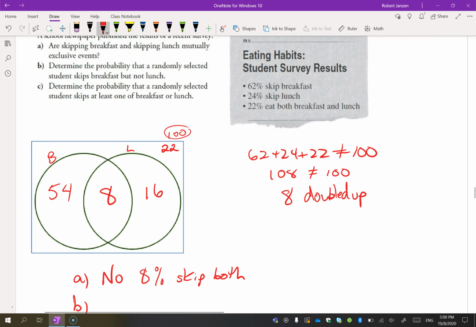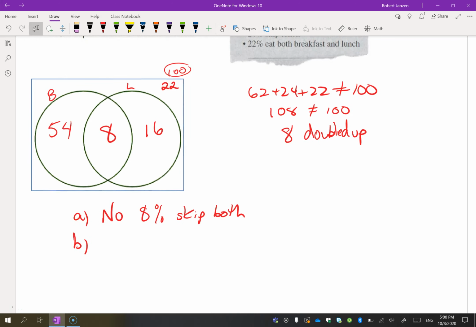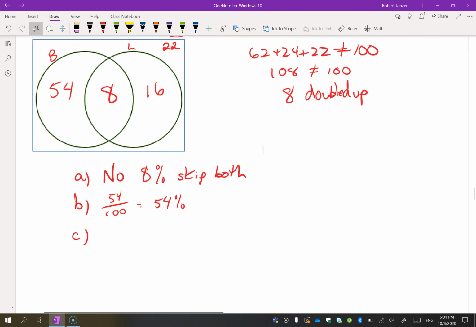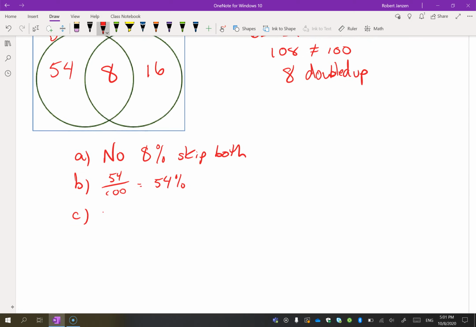Determine the probability that a randomly selected student skips breakfast but not lunch. Okay, well that's going to be 54 out of 100. So 54%. And C, determine the probability that a randomly selected student skips at least one of breakfast or lunch. At least one of. So this is the probability of skipping breakfast, or probability of skipping lunch, or probability of skipping both.